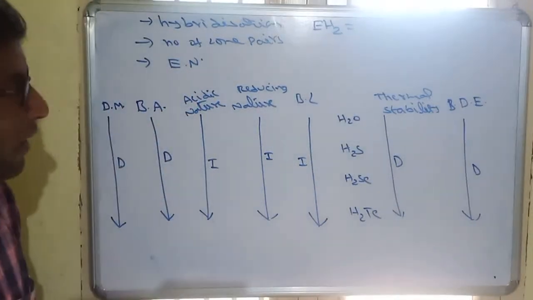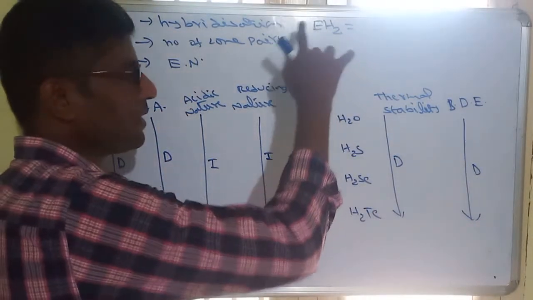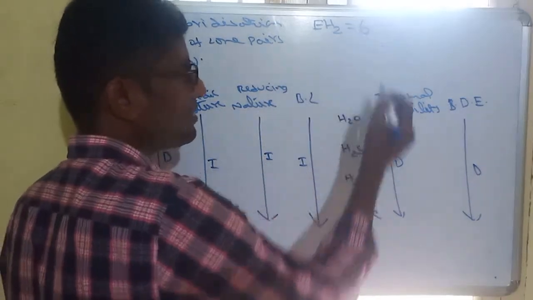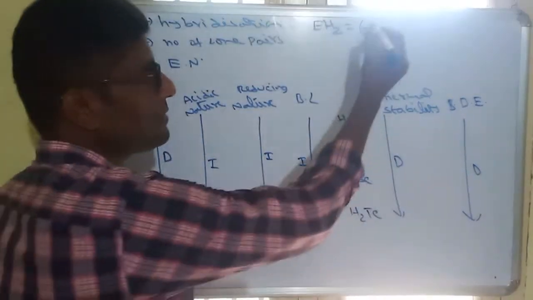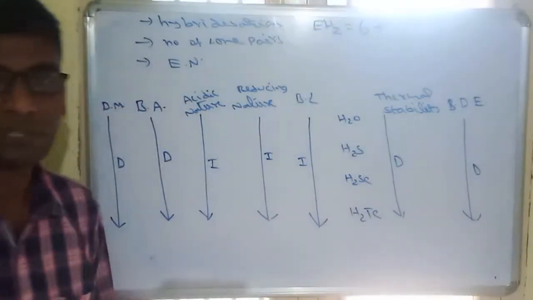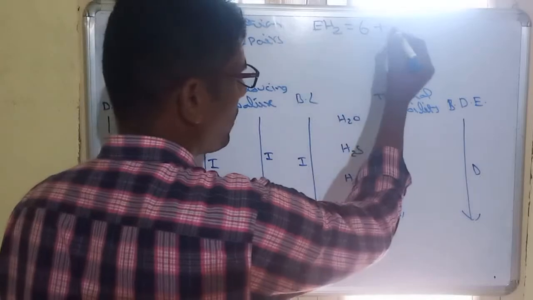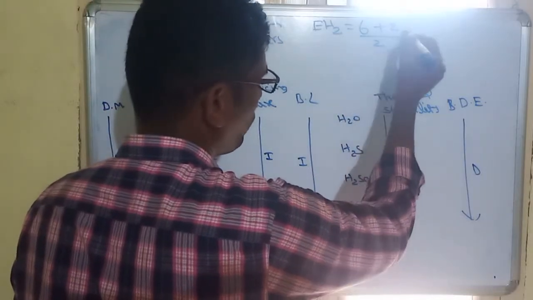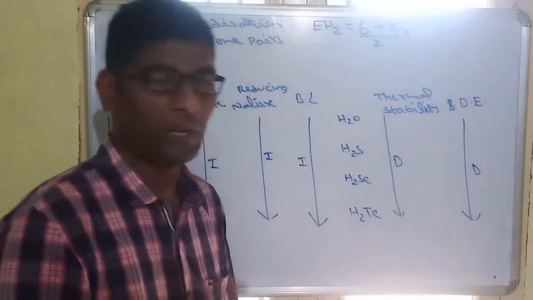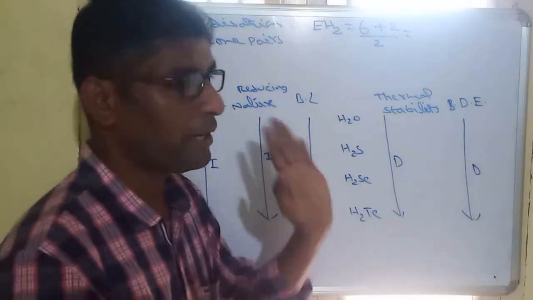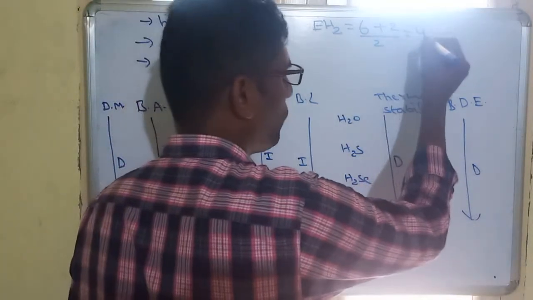When determining hybridization, E is the central atom. The valence electrons are 6, plus the number of monovalent atoms, which is 2, divided by 2. So the formula is: valence electrons of the central atom plus number of monovalent atoms, divided by 2. Your value will be 4.